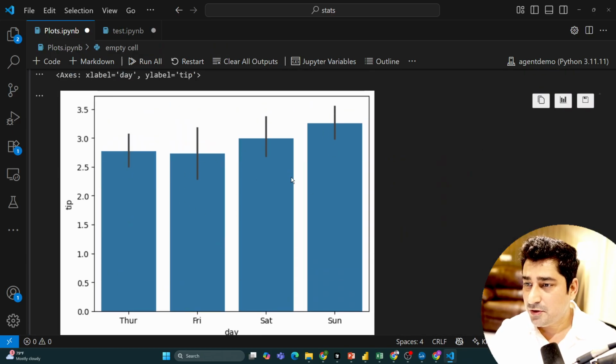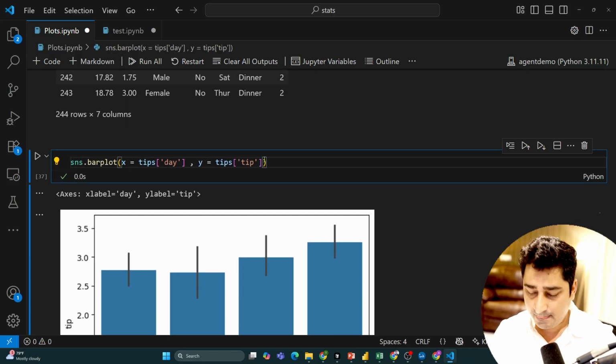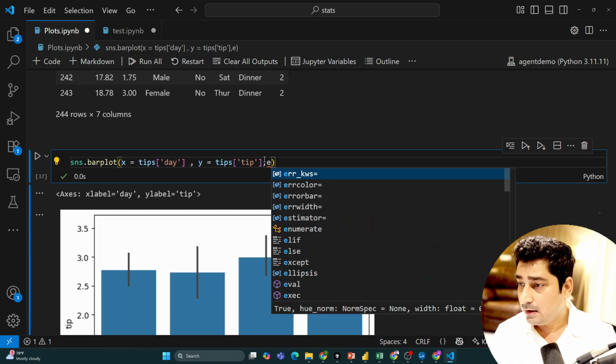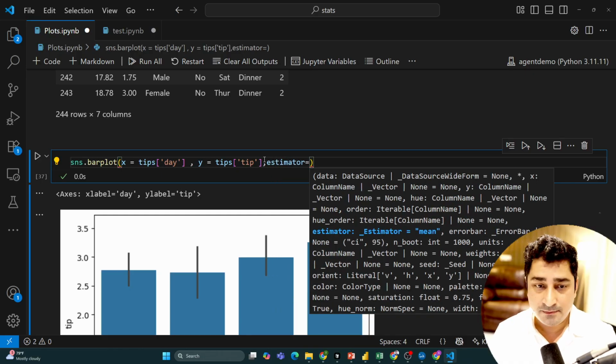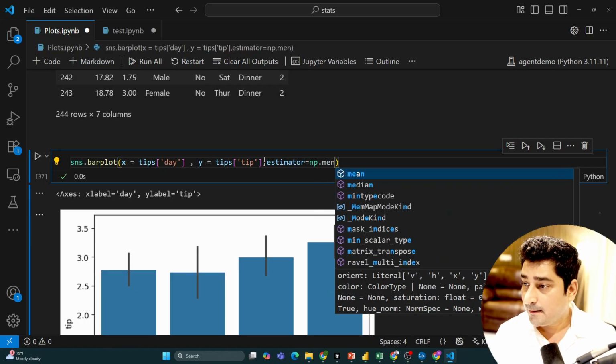Now if I do this as a bar plot, I will be able to see the average tips. And here let me mention my estimator. The estimator is nothing but numpy dot mean.